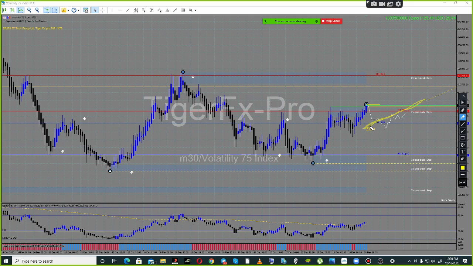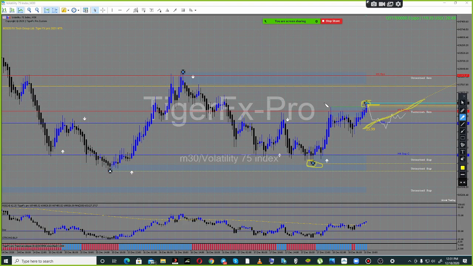One more thing, you see these signals here. Those are what we call peaks on the market, which are highs and lows, and they extend.